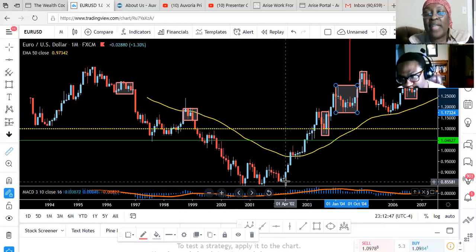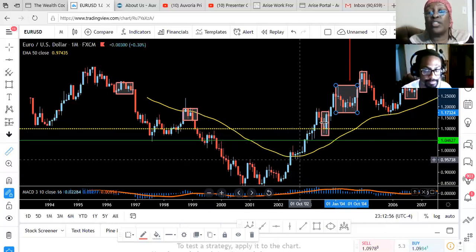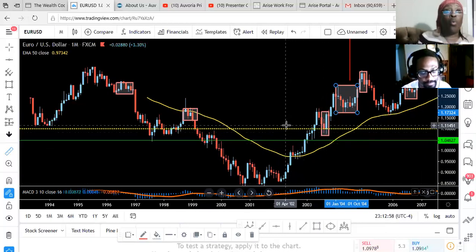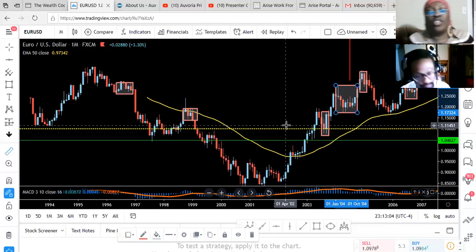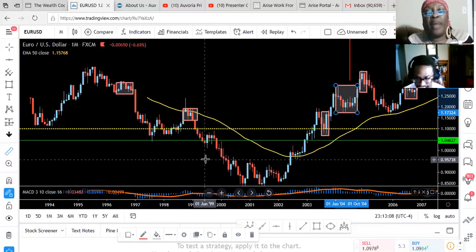So that is a bullish trend. And that's how you know that now, because you identified the trend, you automatically know what your impulse is. Your impulse is bullish because it's always in the direction of the trend.